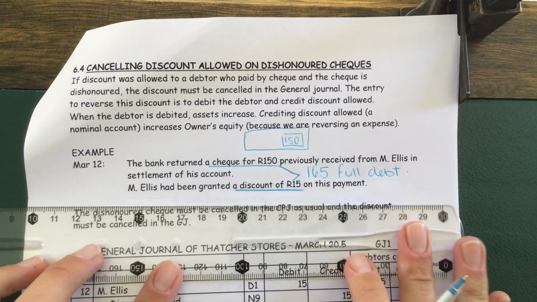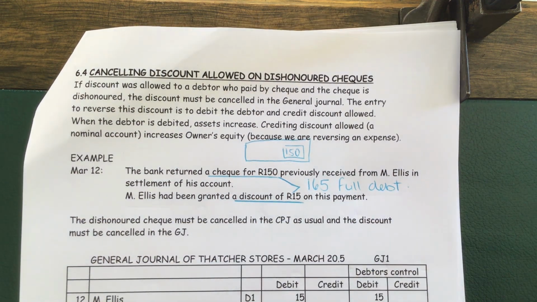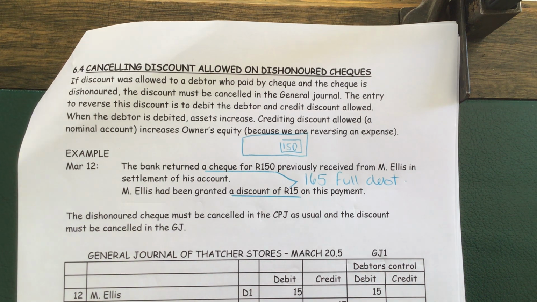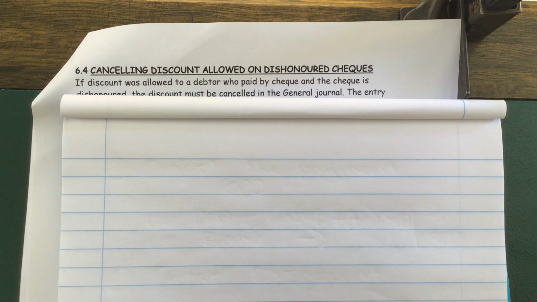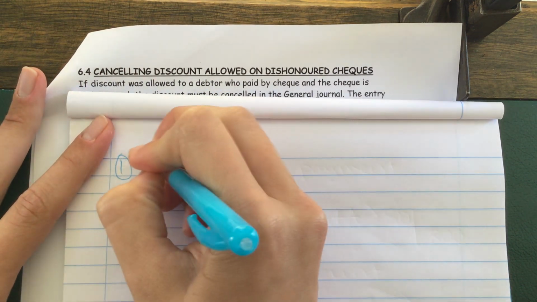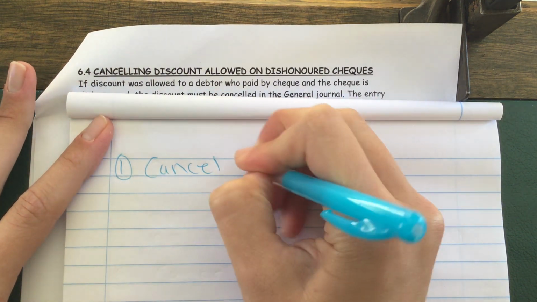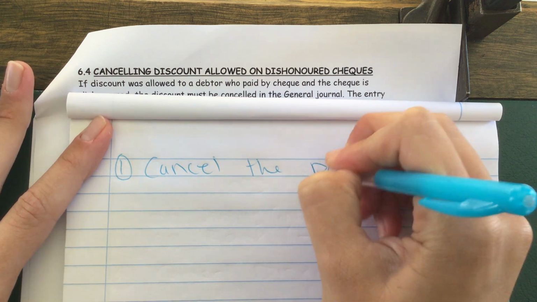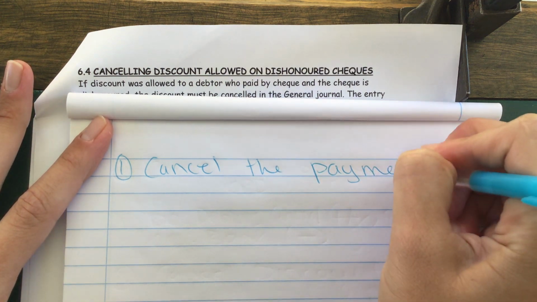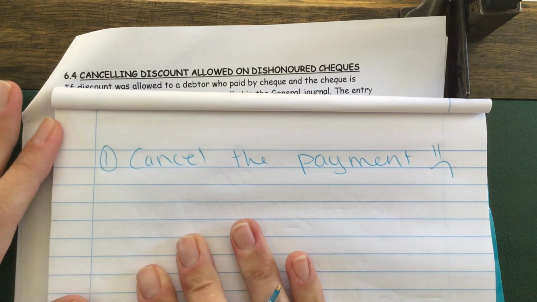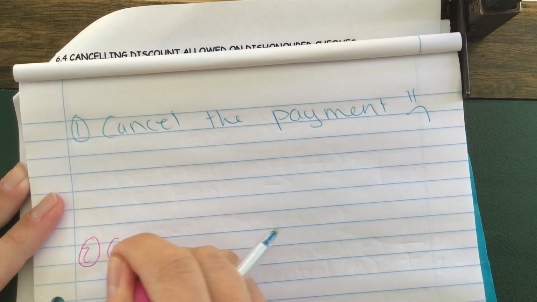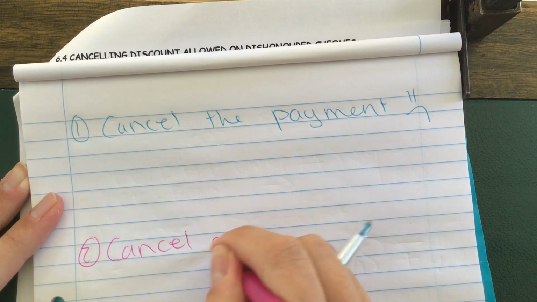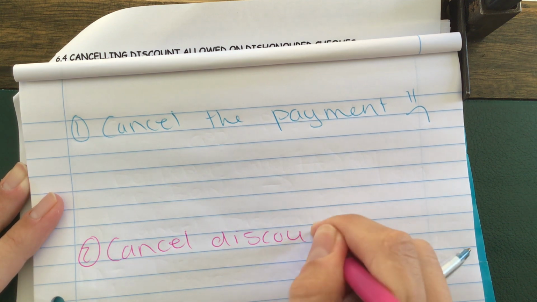Okay, so now what needs to happen? Remember, we'll go through the 2 steps again. The first thing, step number 1, we need to cancel the payment because we didn't receive anything. Okay, so that sucks, first of all. And then the second thing we need to do is cancel the discount, because does he deserve it?